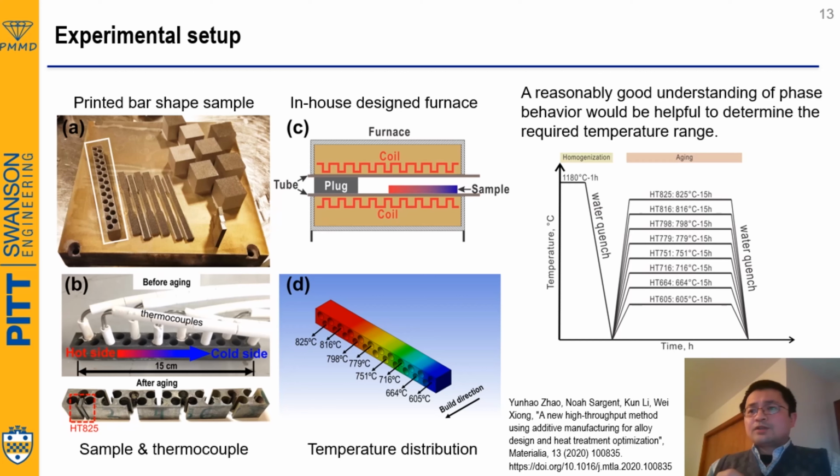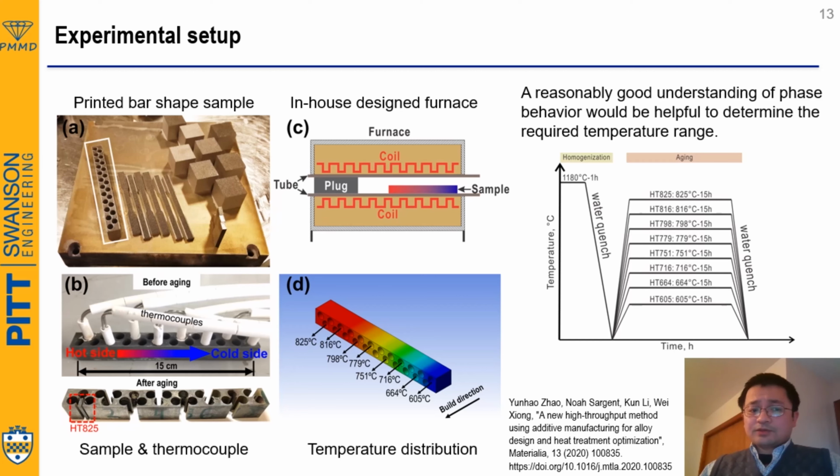People just do a casting bar with a long bar shape and then put it into the gradient furnace. But what we think is additive manufacturing can actually do it better. So we can build an additive manufacturing sample with the powder bed fusion process.